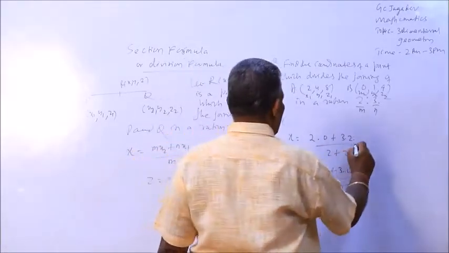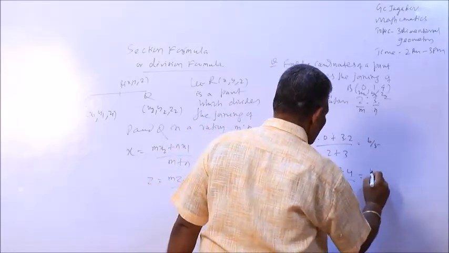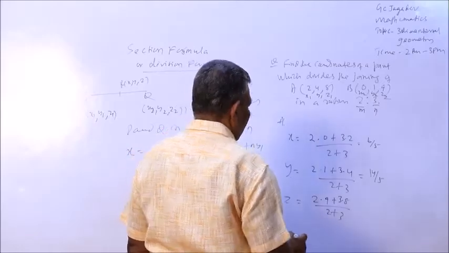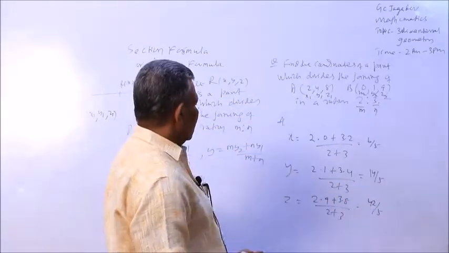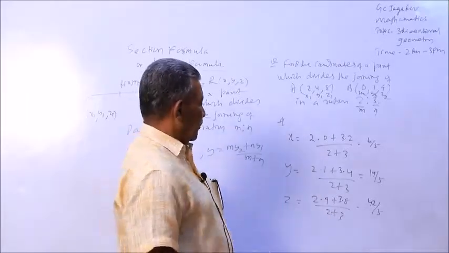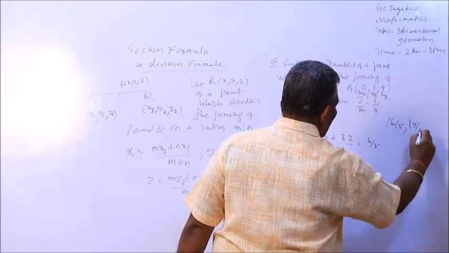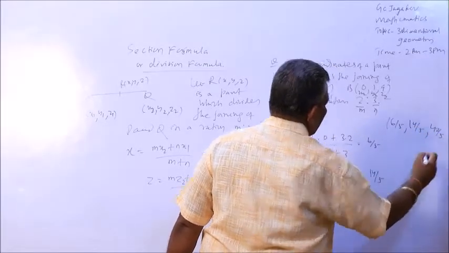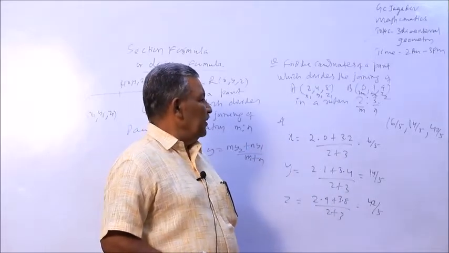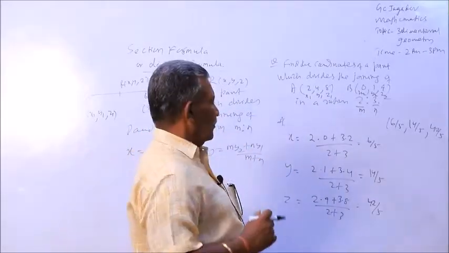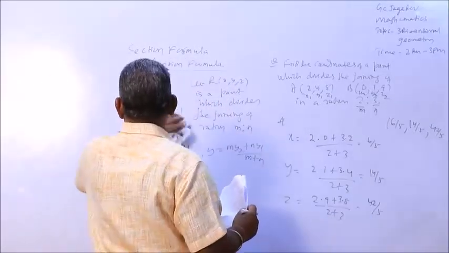So you can simplify, that is 6 by 5, 14 by 5, 42 by 5, like this. So required point is (6/5, 14/5, 42/5). This point divides the joining of A and B in a ratio 2:3. Like this you can find the coordinates of a point which divides in a ratio m is to n.